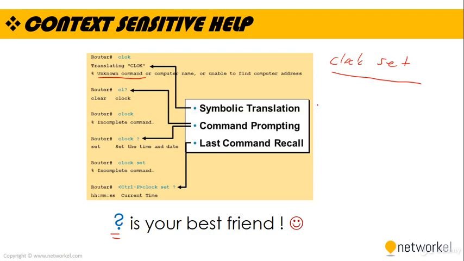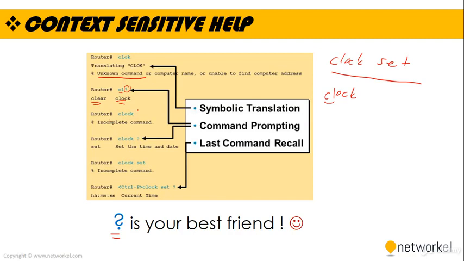If you could not remember the command clock, but you remember the C and L, if you type CL and put a question mark, IOS shows you the commands that you can use in that IOS mode.